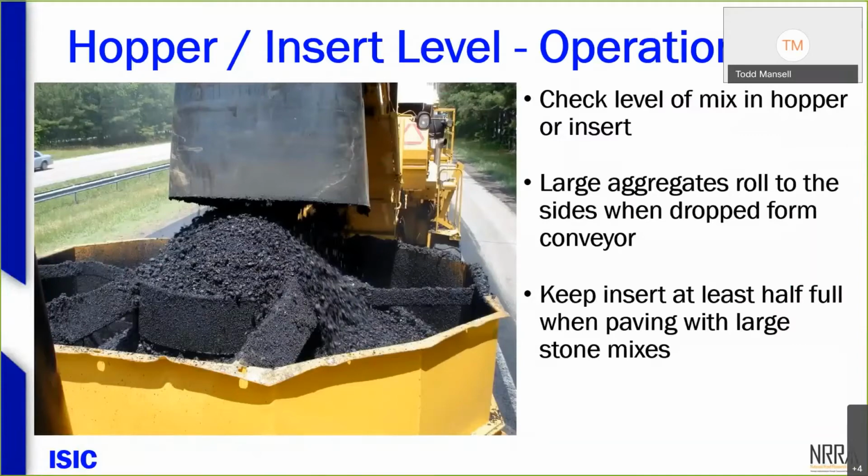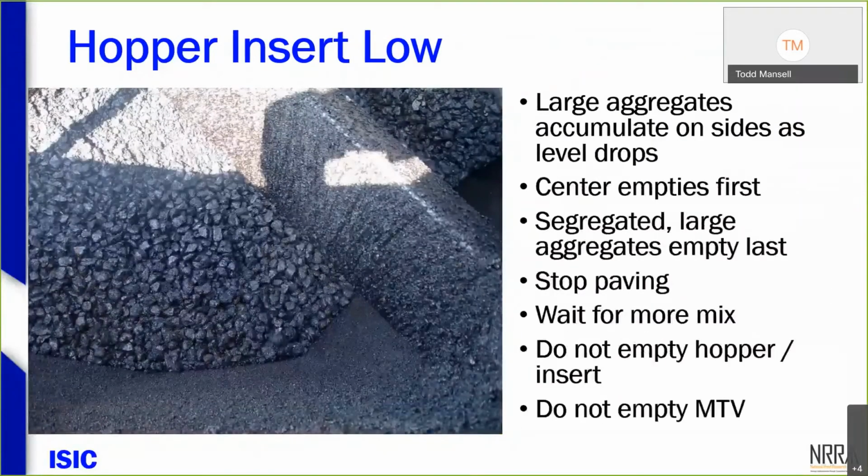So again, we could identify just some best practices that we could be doing better, like not running the hopper insert too low, for example. And that picture is just showing a low level hopper insert. So again, something we've got to be careful of, right? Having a hopper insert or even having a transfer vehicle does not solve segregation or smoothness problems if we don't operate them correctly.